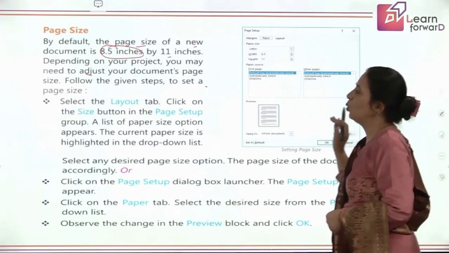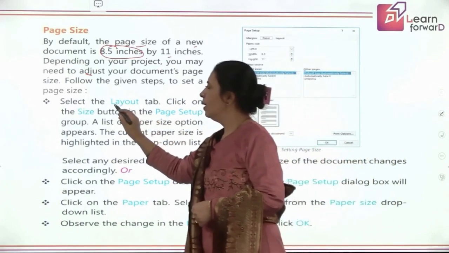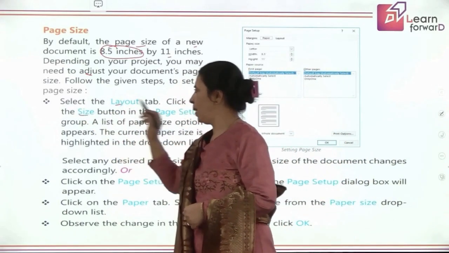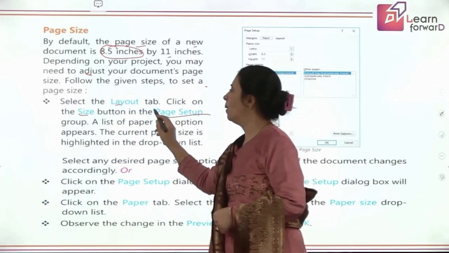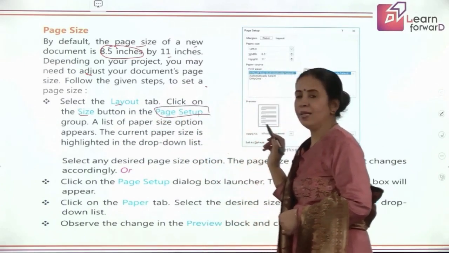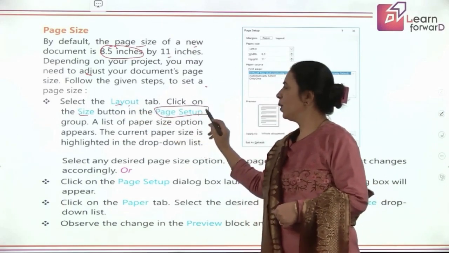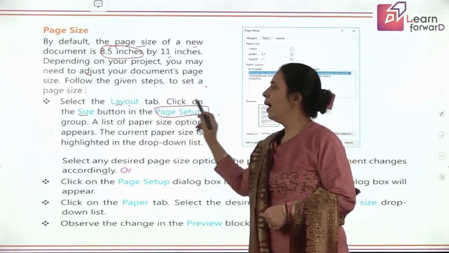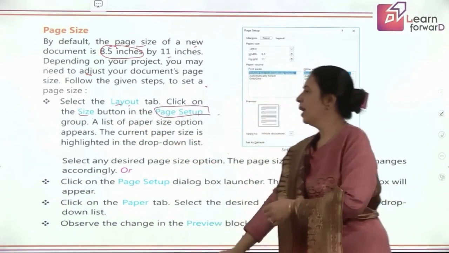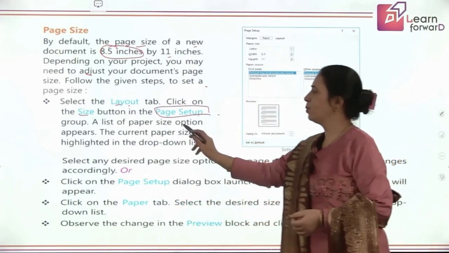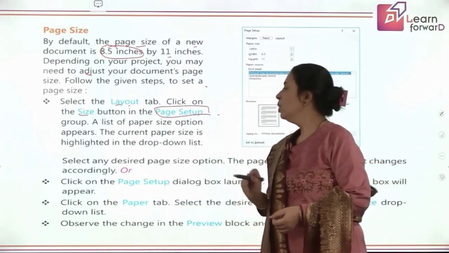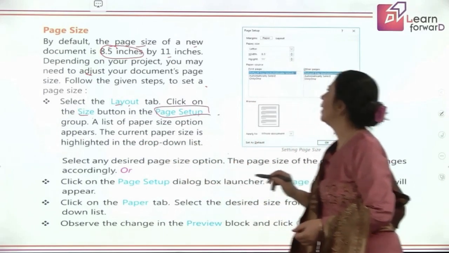First, go to the layout tab. There you click on the size button which exists on the page setup group, right? That means in the layout tab, first we go to the page setup and then we select the size, and the list of papers option appears there. So the current paper size is already highlighted.